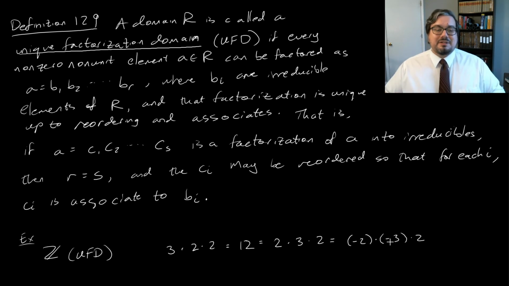So a unique factorization domain is a domain where we're requiring the factorizations of any non-zero, non-unit element to be as unique as could possibly be reasonably expected in a domain. And this is the type of factorization that we see in the integers. It's the type of factorization that we're used to working with actually when working with polynomials.